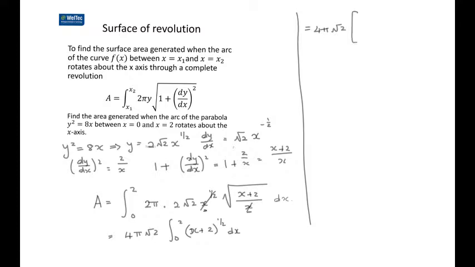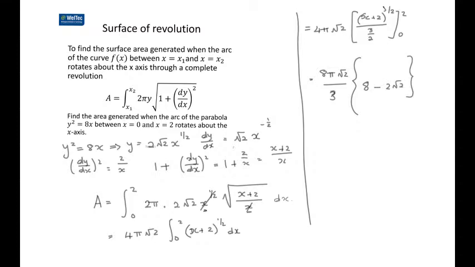Now we've done the integration, it would be x plus 2 to the power of 3 over 2, over 3 over 2, between 2 and 0. Flipping the 3 over 2 to become 2 over 3, we'd have 8 pi root 2 over 3 times, if we put in 2 into x plus 2 to the 3 over 2, we would get 8, minus, if we put in 0, we would get 2 root 2.